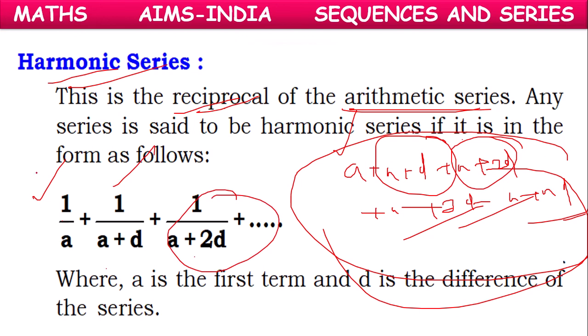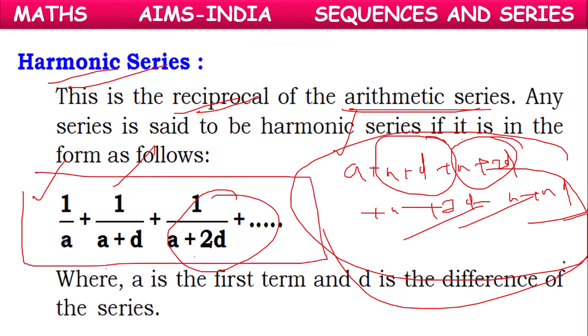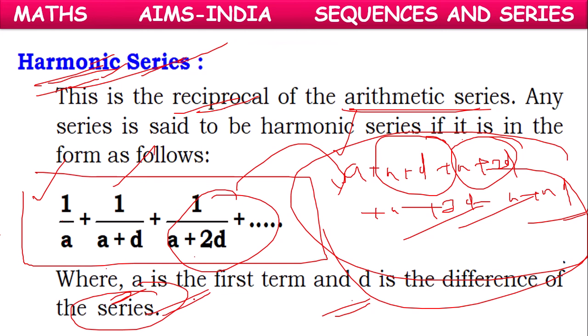This is the reciprocal of the arithmetic series. So this is an example of a harmonic series, where A is the first term and D is the common difference of the arithmetic series, not of the harmonic series.